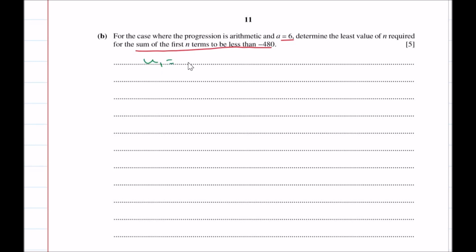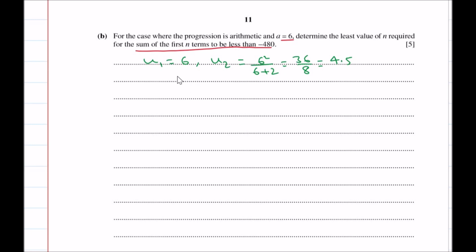U1 equal to 6. U2 is equal to, here it says A square by A plus 2. A square, that means 6 square by 6 plus 2, that is 36 by 8, and that is 4.5. Okay.